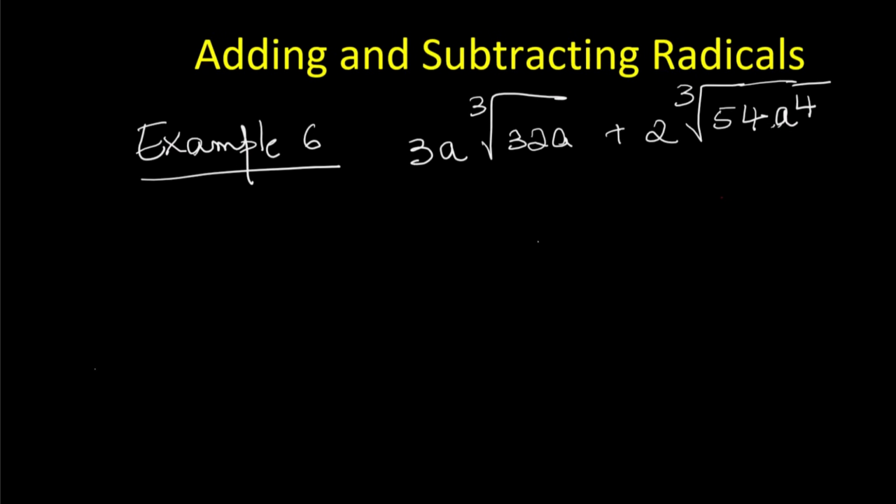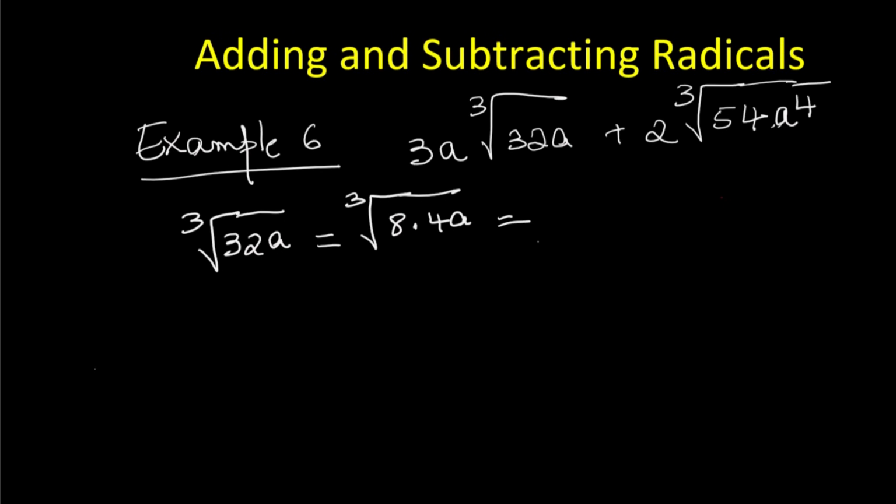Example 6. 3a times the cube root of 32a plus 2 times the cube root of 54a to the 4th power. Let's simplify each term one at a time. First term, the cube root of 32a can be rewritten as the cube root of 8 times 4a. The cube root of 8 is 2, so this becomes 2 times the cube root of 4a.